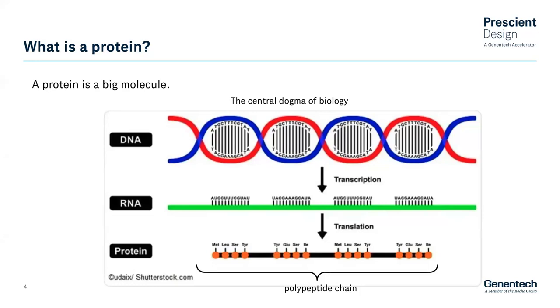Currently, our leading theory for how this happens is known as the central dogma of biology. You have genes in your DNA that code for proteins. If the gene is on, that gene will get transcribed into messenger RNA, which will get carried to the ribosome.